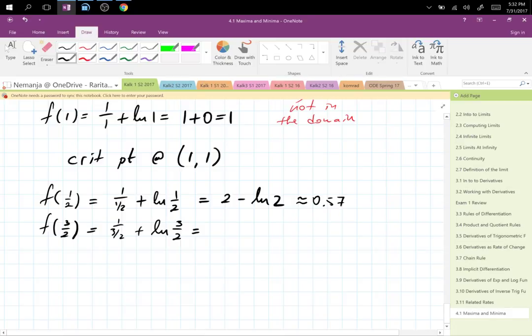And how about the one on the bottom, which turns into 2/3? Sorry, with ln 3/2, I got 1.31.